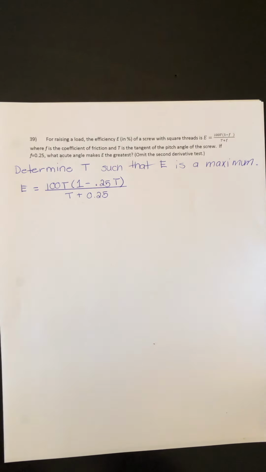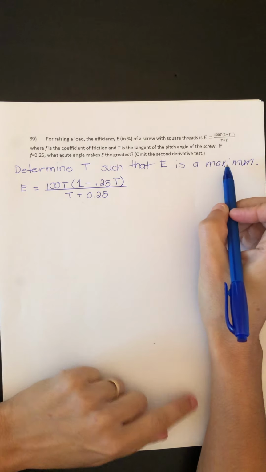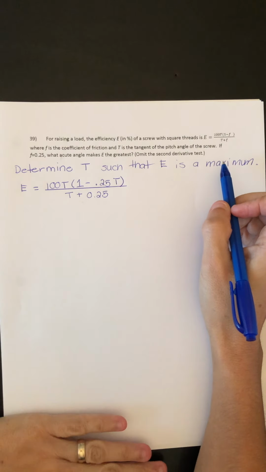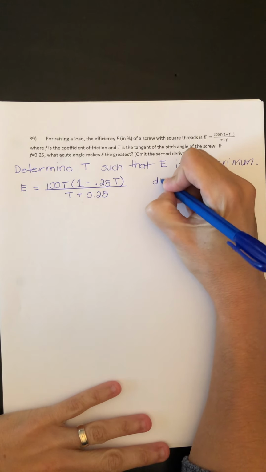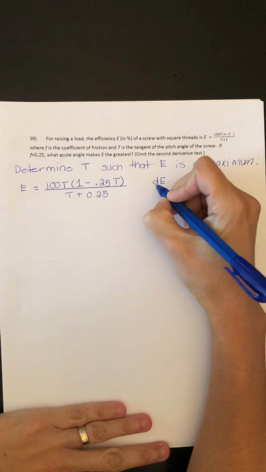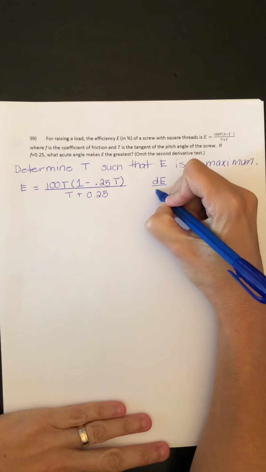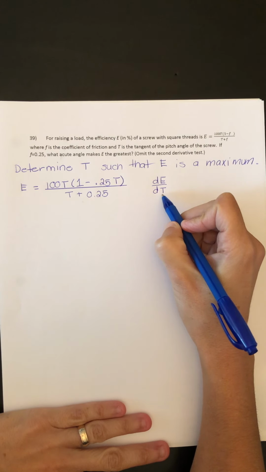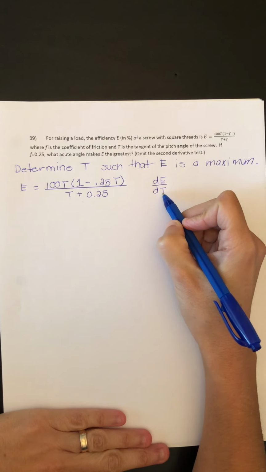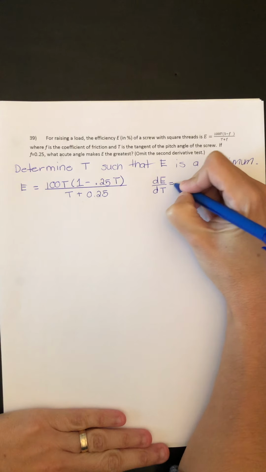Now, how is it that we look to maximize the efficiency? This is our plan. We're going to be taking the derivative of efficiency with respect to that tangent, and we're going to be setting it equal to 0.